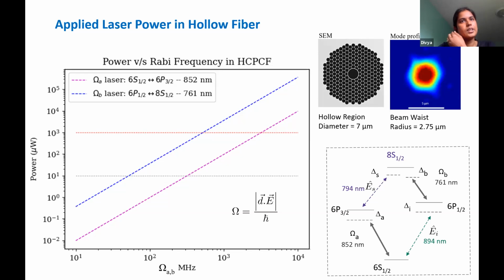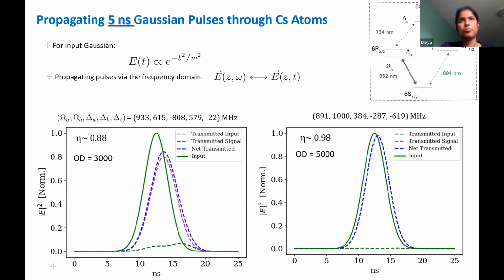The next thing is that we have done all this in the continuous wave approximation. Now we go to pulse propagation, and we start with 5 nanosecond. Our aim is to find it for 1 nanosecond, but as a check, we start with a 5 nanosecond Gaussian pulse.